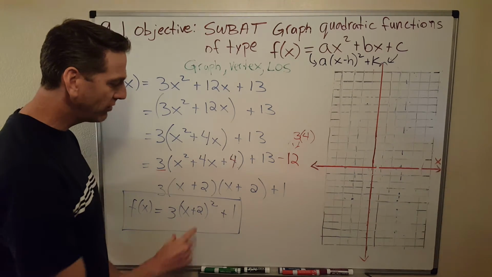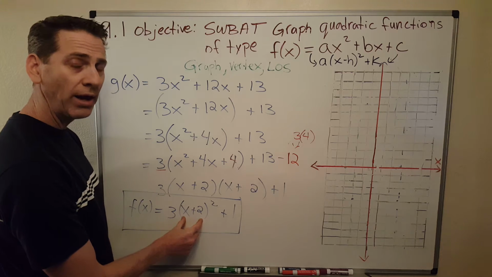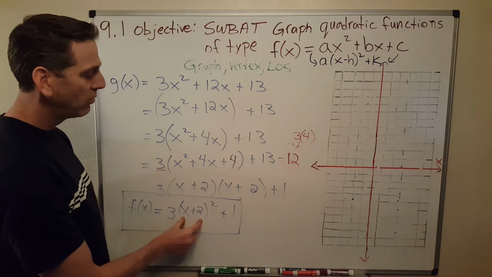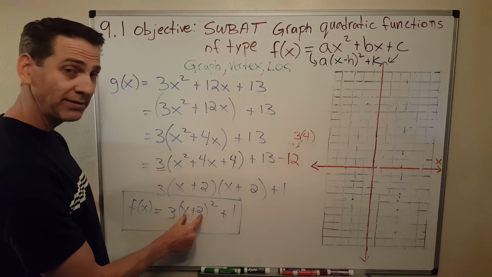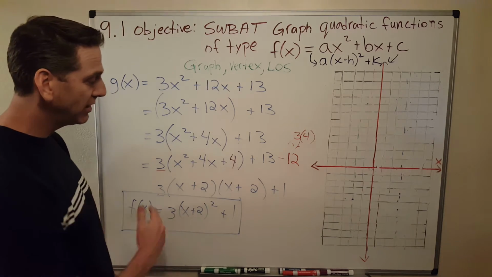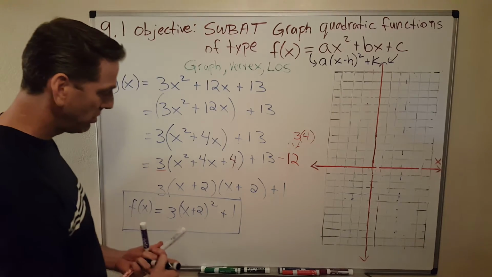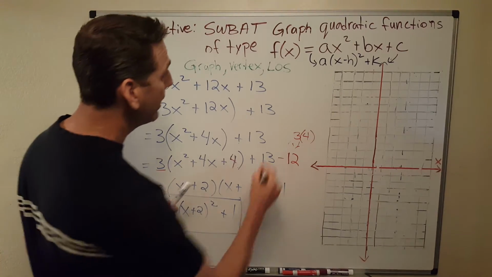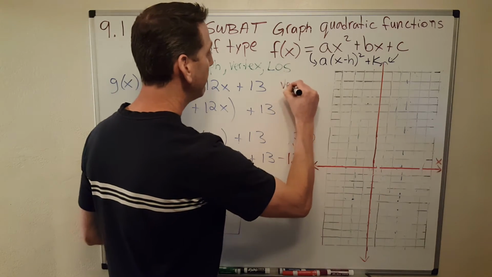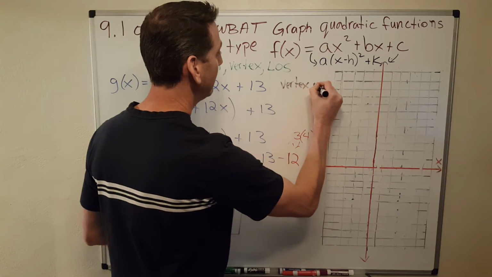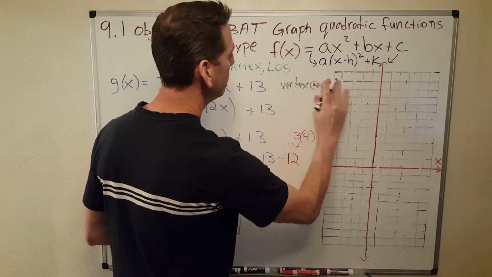Okay, I know that my horizontal shift is what? Well, my horizontal shift, this has to be a negative 2 to make this a 0. So my horizontal shift is a negative 2. So I know that my vertex is at x equals negative 2.